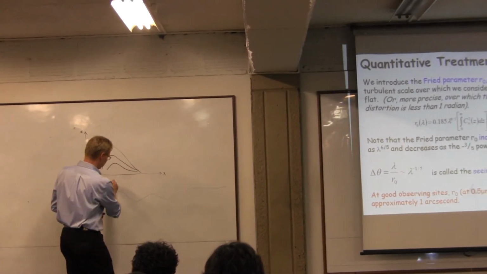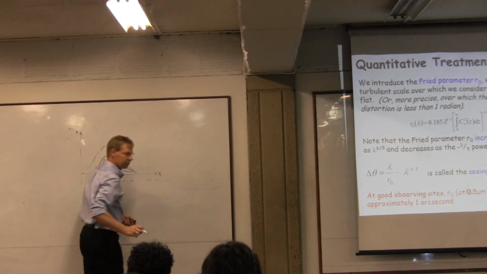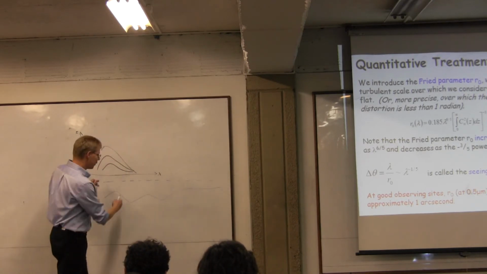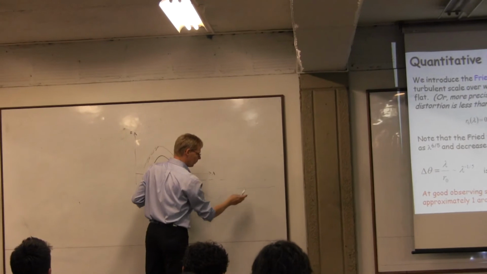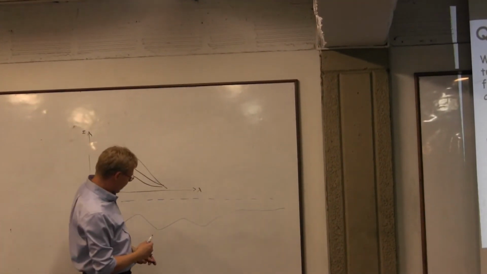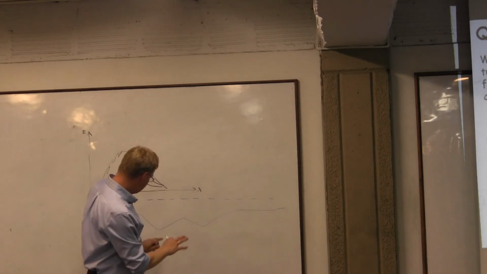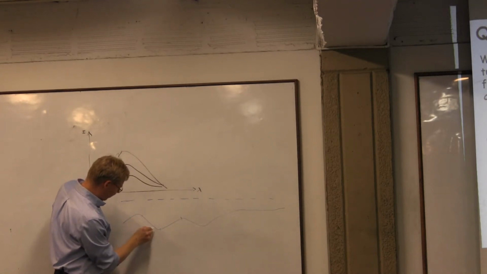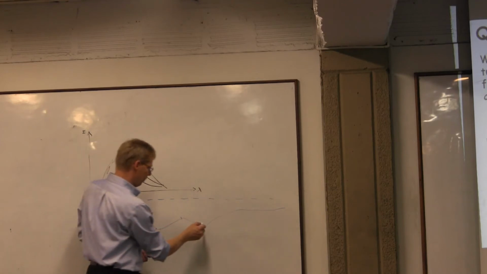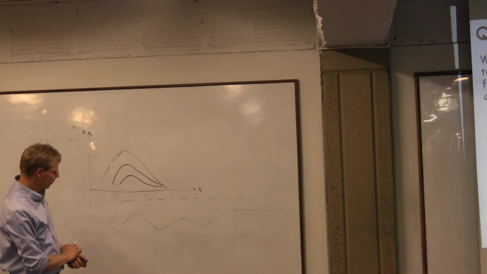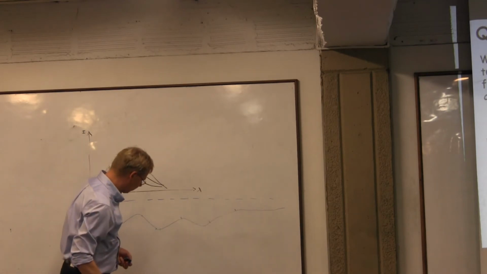This is what it should be, and it's flat from here to here. So R naught is big, the whole distance. In this case, I could say it's approximately flat from here to here, and from here to here, and from here to here. But not the whole way.